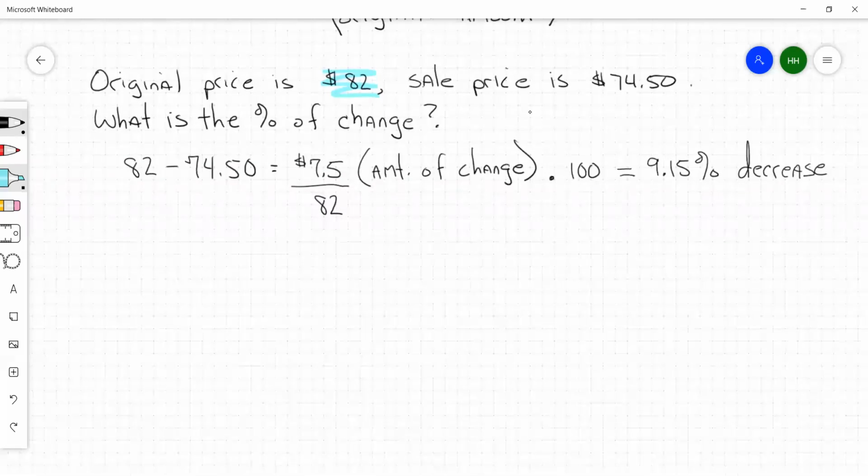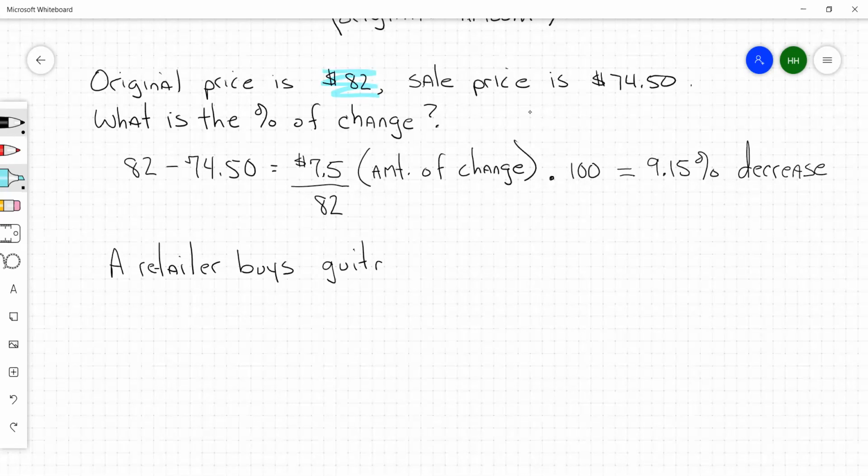Questions? All right, so let's say a retailer buys guitars for 295 bones.